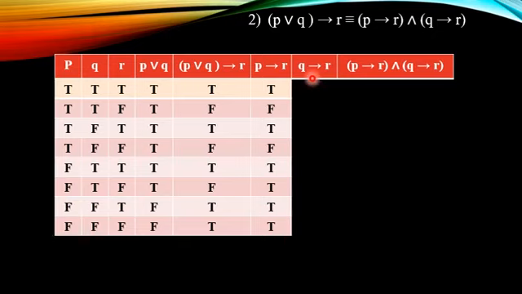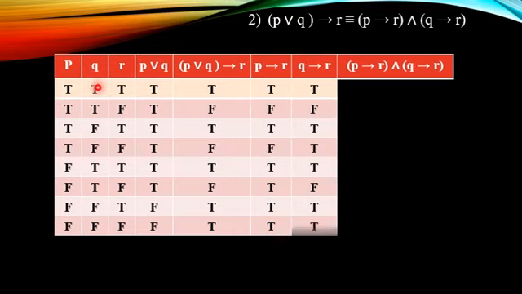Now we find Q implies R. That means second column implies third column, and the truth values of this column are TT true, again TF: the first statement is true, the second one is false, so TF false, FT true, FF true, TT true, TF false.